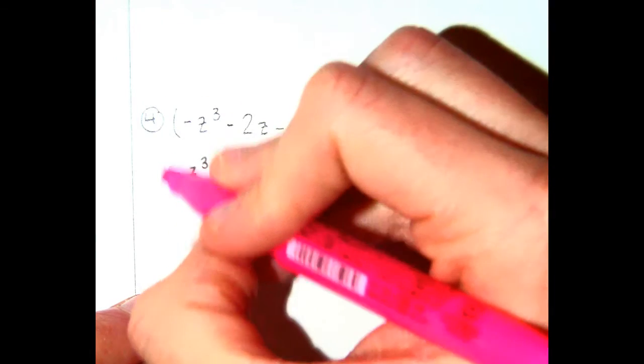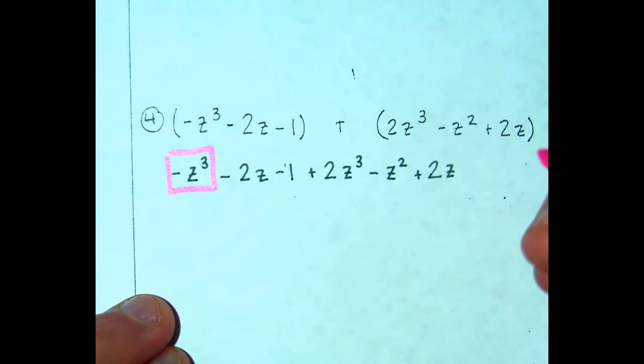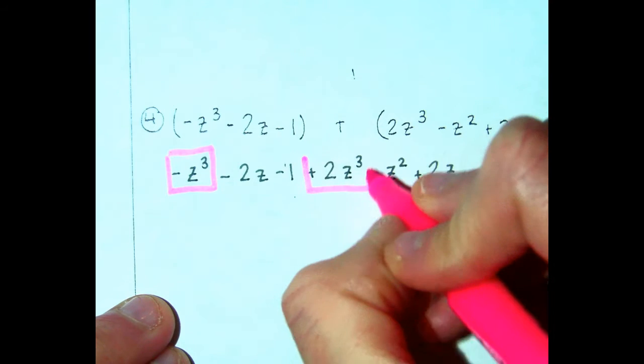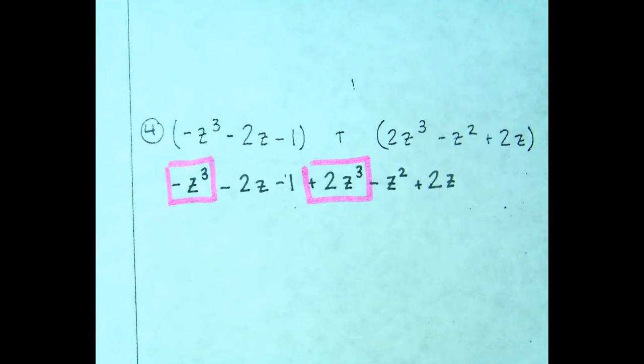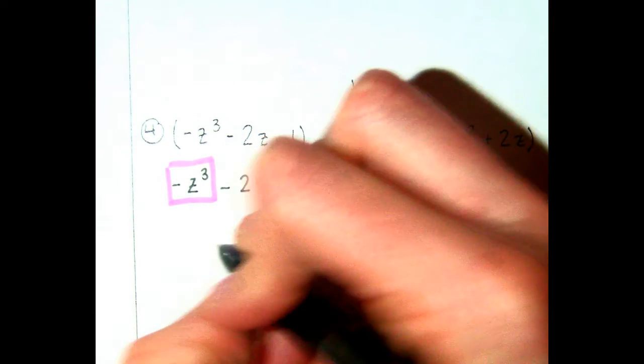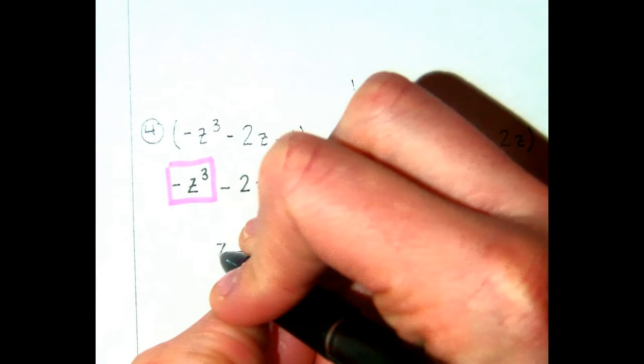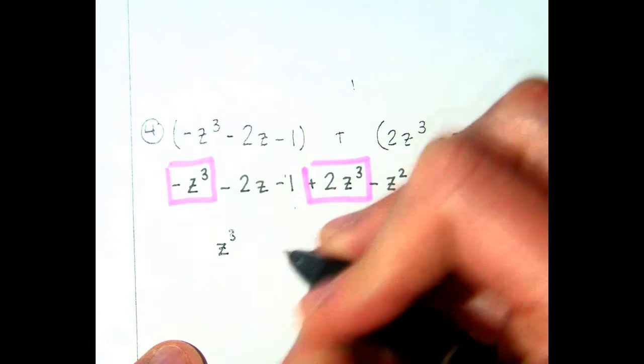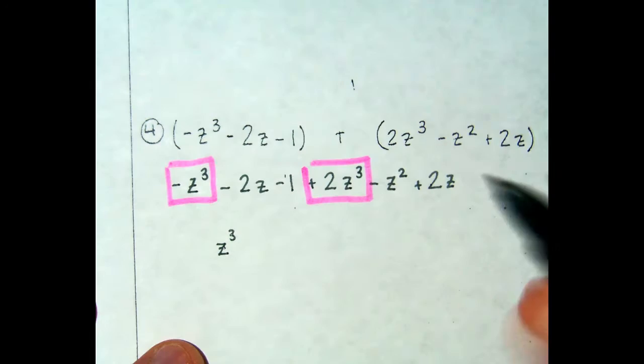Negative z to the third, does it have a like term? Okay. What is negative z to the third plus 2z to the third? Yep, 1z to the third. Do we have to put a 1? No. Okay.